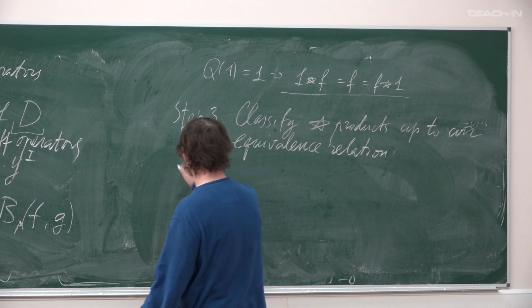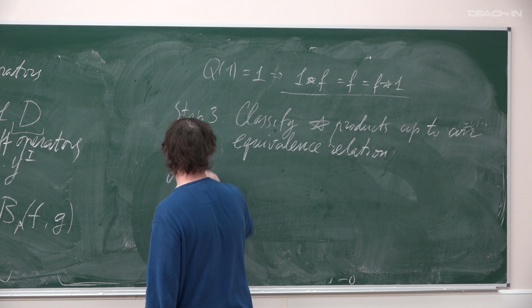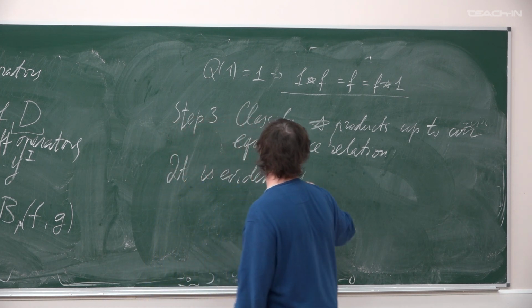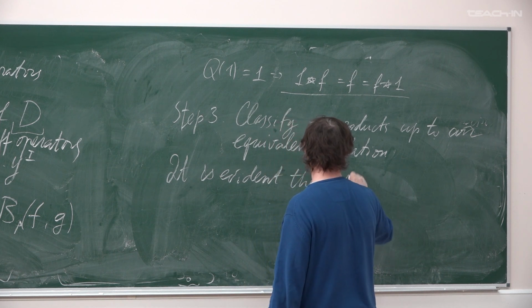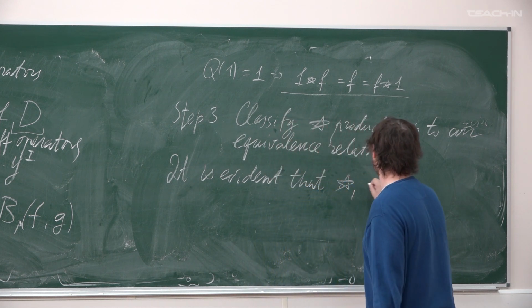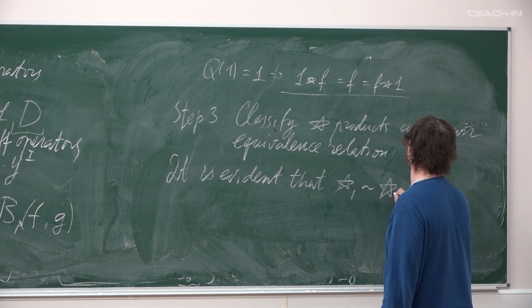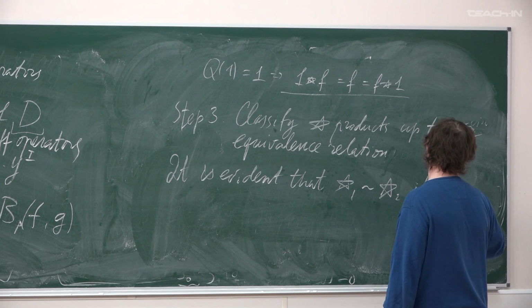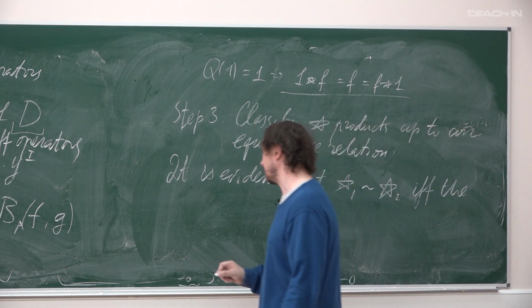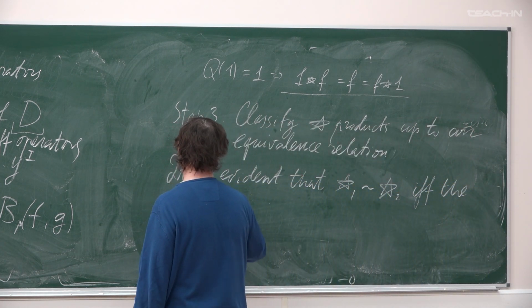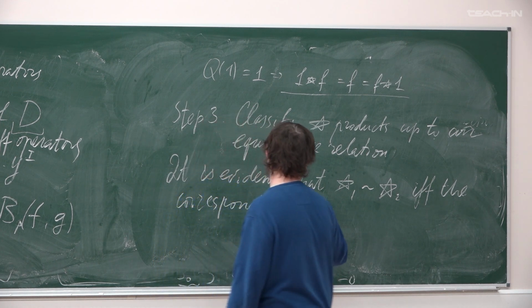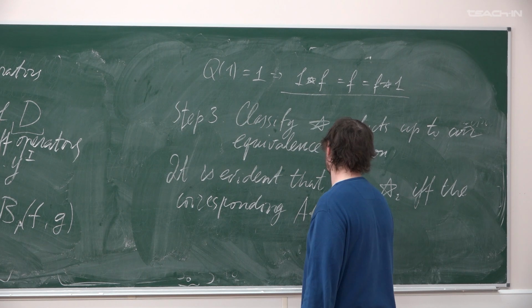Namely, it is evident that two star products obtained in this way are equivalent if and only if the corresponding flat sections, abelian sections, are equivalent.